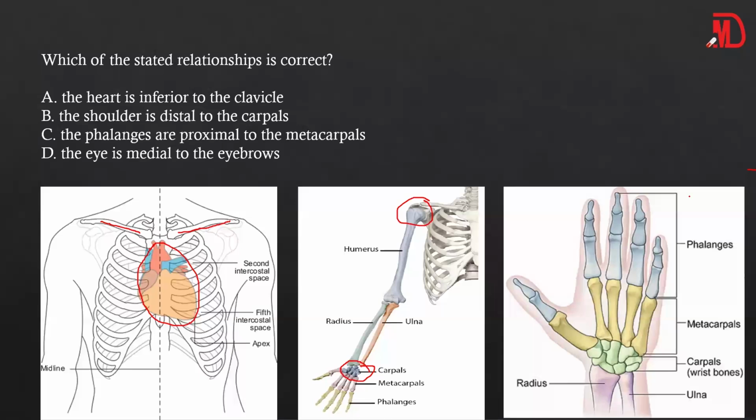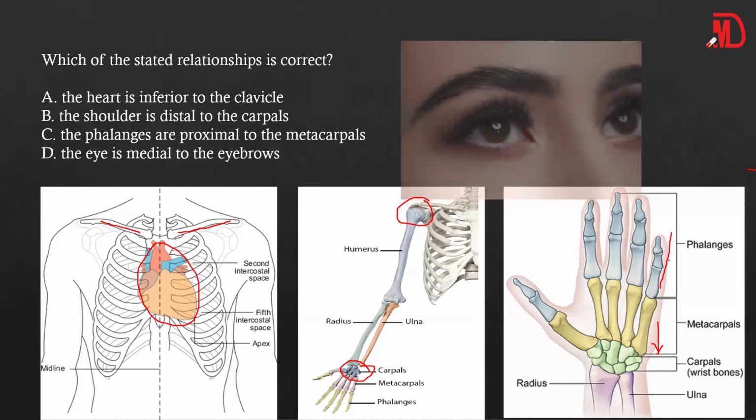Don't forget, this one is away from the body, and this one is closer to the body or to the trunk. That is why metacarpals are proximal, whereas the phalanges are distal. So again, the statement that the phalanges are proximal is wrong. The phalanges are rather distal. All right.